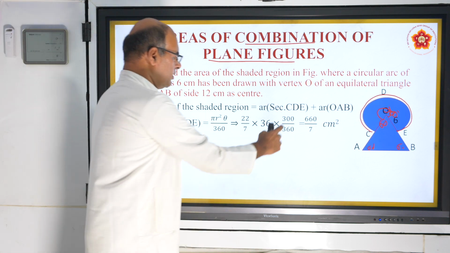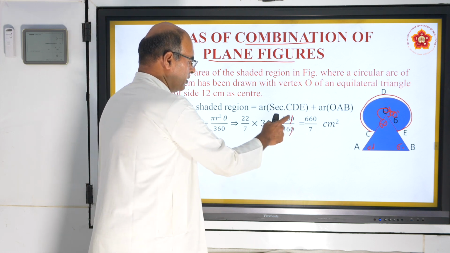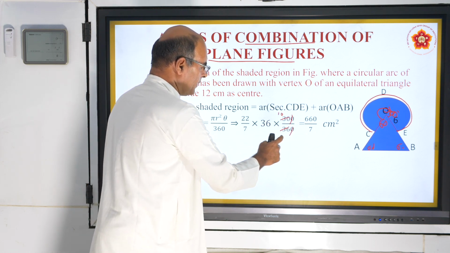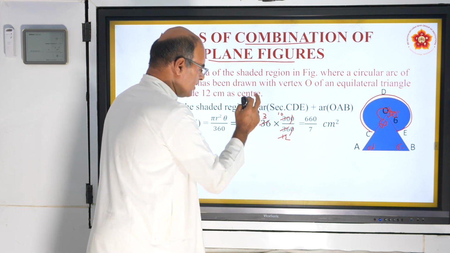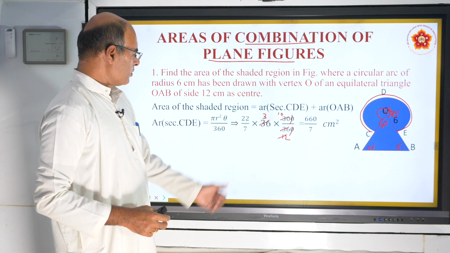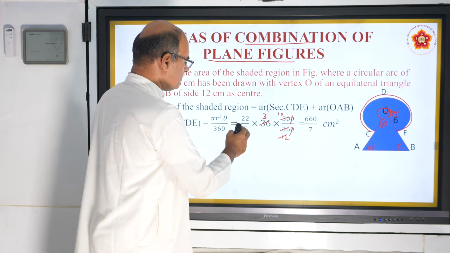So simplify. Zero you can cancel out. 3 tens are, 3 twelves are, 12 ones are, 12 threes are. So 3 into 10 into, and 7 is here.